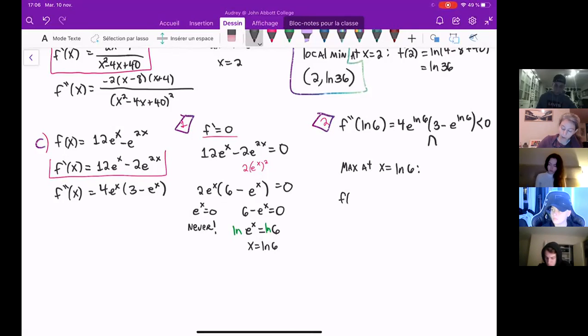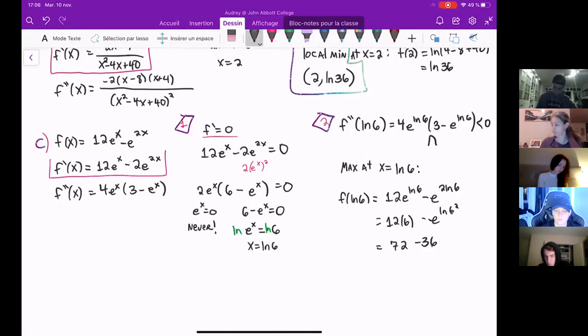So I'm going to have f of ln 6 is 12e to the ln 6 minus e to the 2 ln 6, which is 12 times 6 minus e to the ln of 6 squared, which is 72 minus 36. So my max is at ln 6, 36.